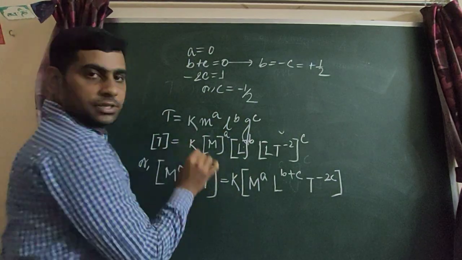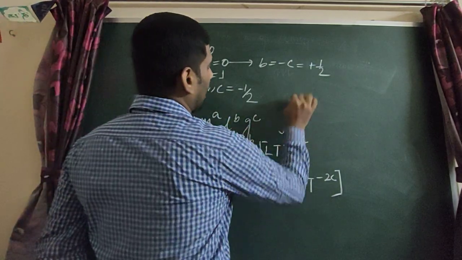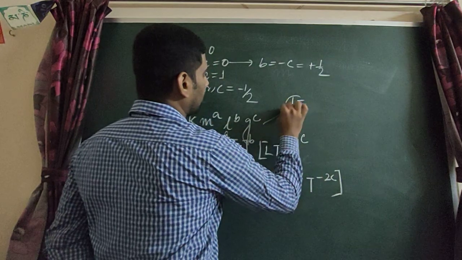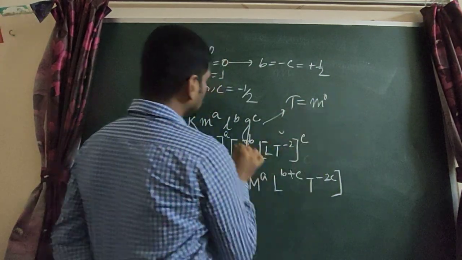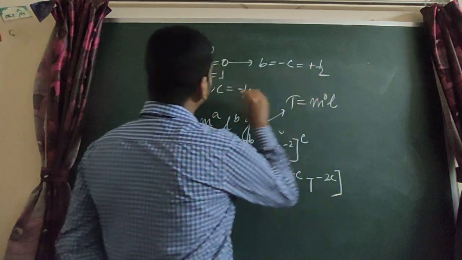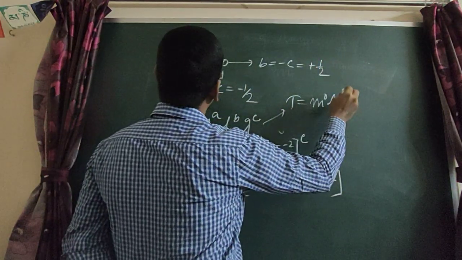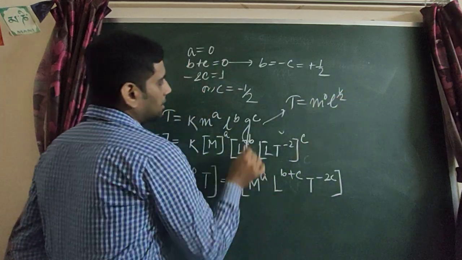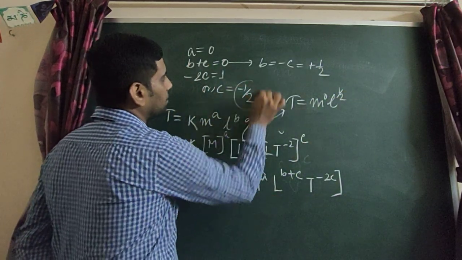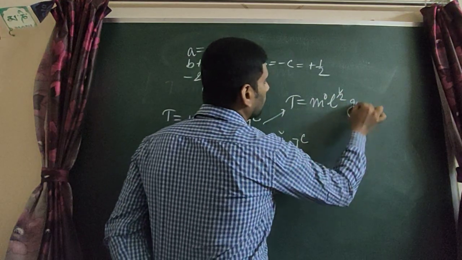Now if I put this in this equation, what do I get? T equals to K into m to the power A, so m to the power 0, L to the power B, L to the power half, and G to the power C. Value of C is minus half, so G to the power minus half.